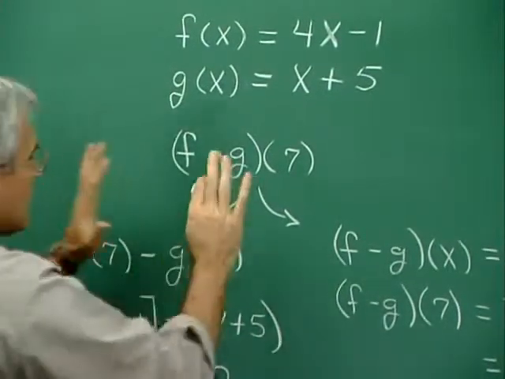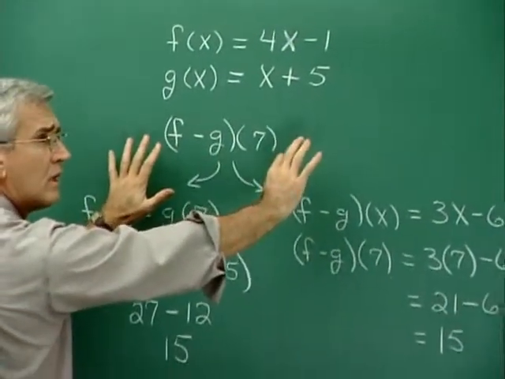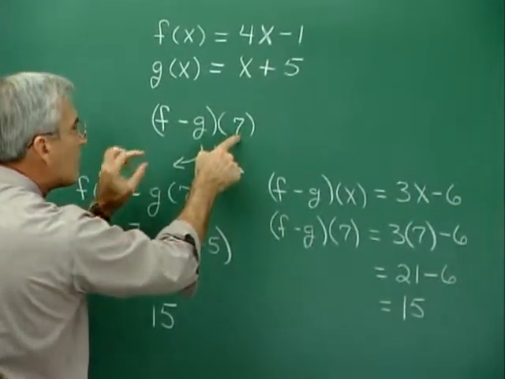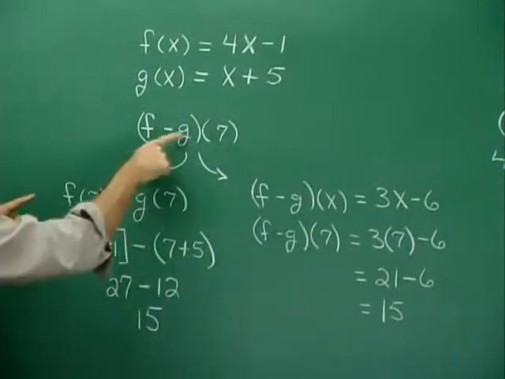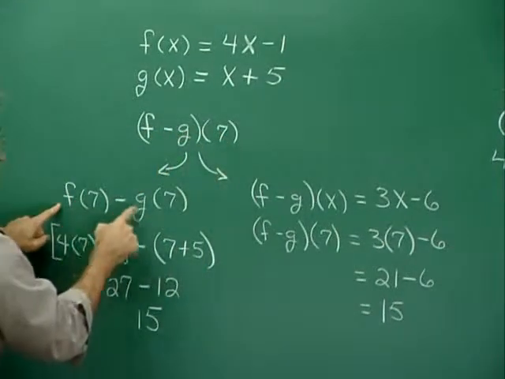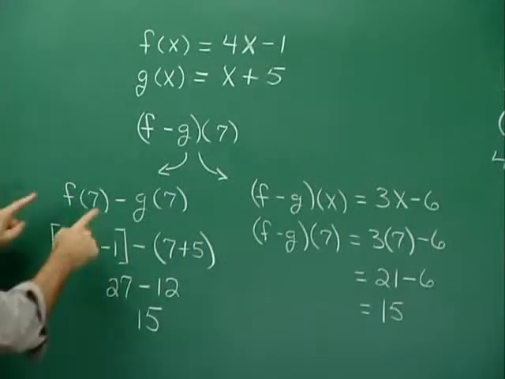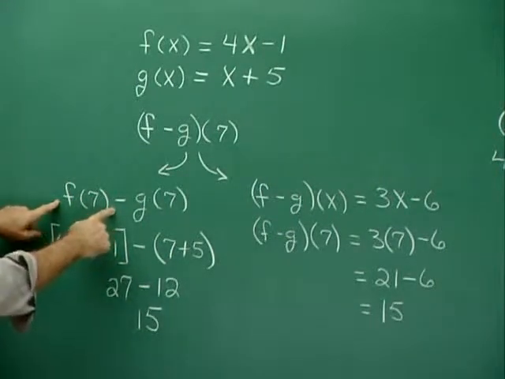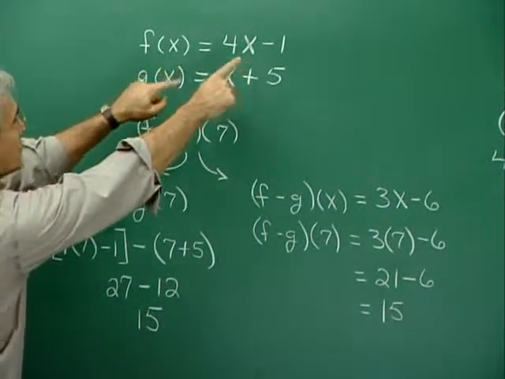We can say, well, we understand that this notation means the subtraction of functions, but now the x has been replaced with 7. So really, what we're talking about here is f of 7 minus g of 7. And we can follow our nose through that kind of notation. F of 7 means in the f function, replace x with 7 and evaluate. So in that f function, we replace the x with 7.